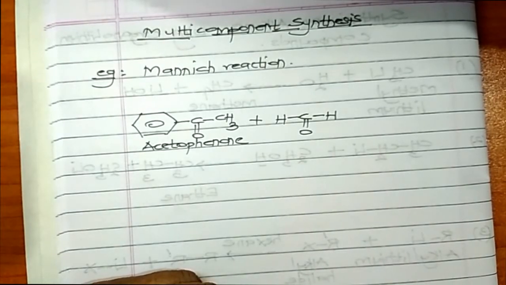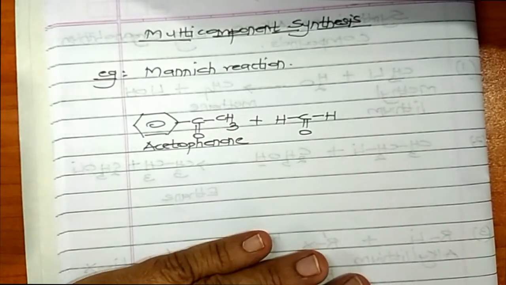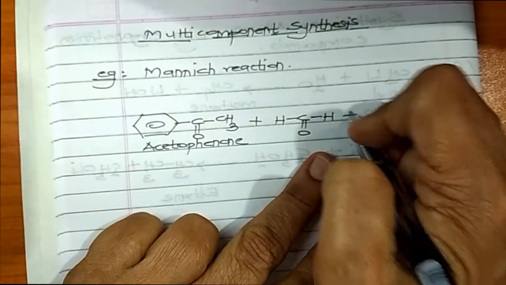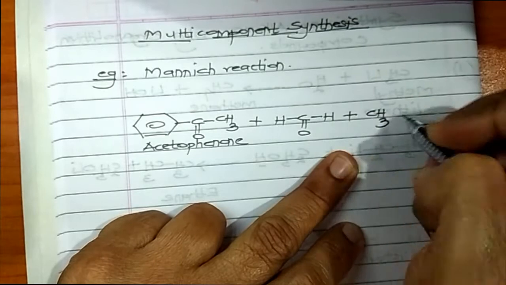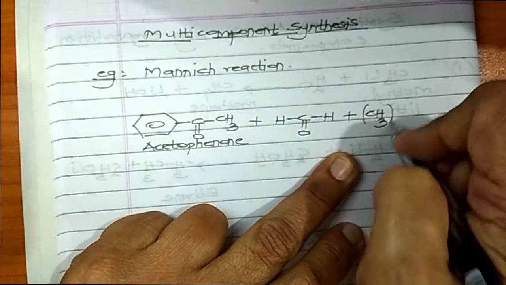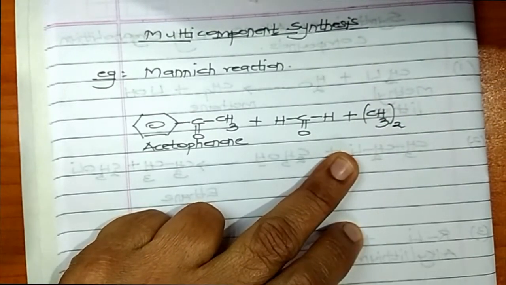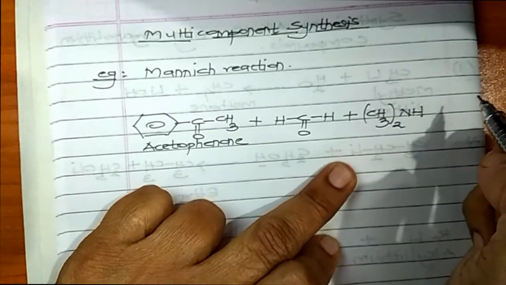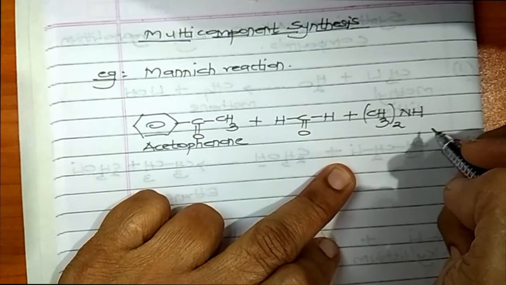The third requirement was either ammonia, or you can make use of a primary amine or a secondary amine. So now we use the secondary amine. The secondary amine which I am using here is (CH3)2NH, dimethyl amine, which is a secondary amine.